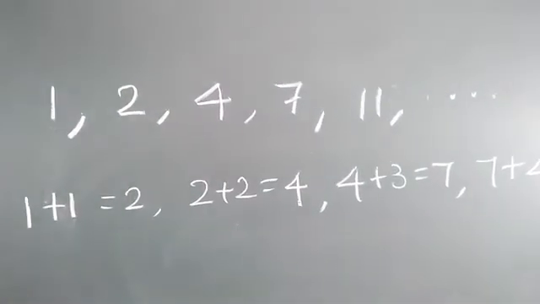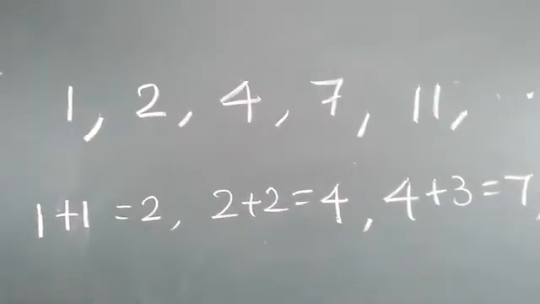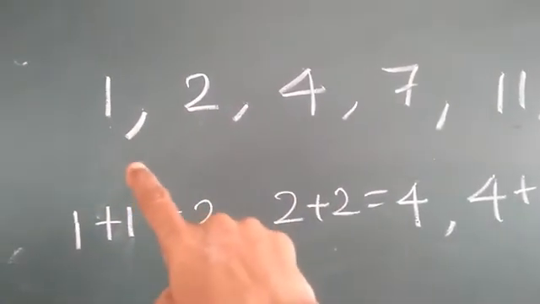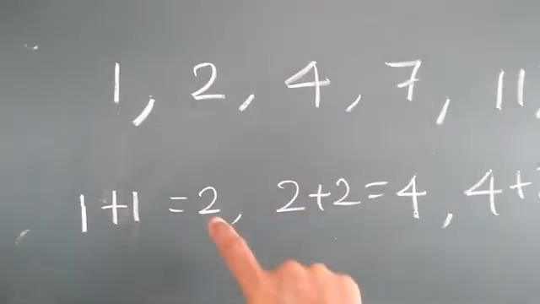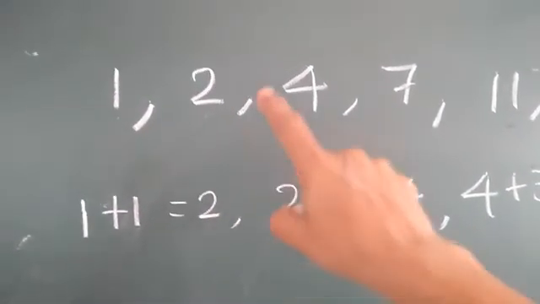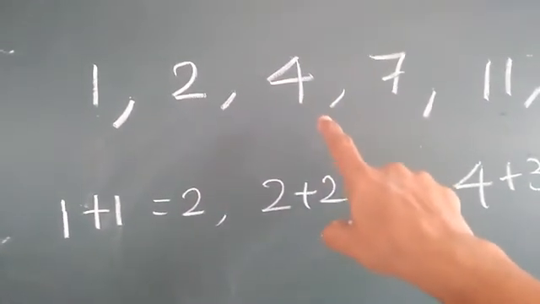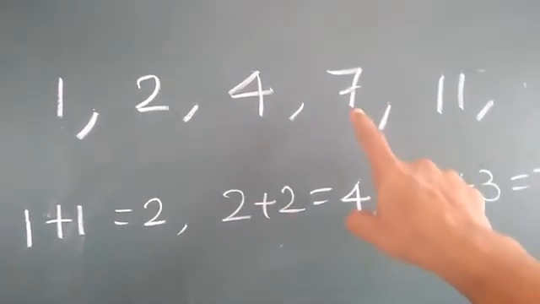How will you get this pattern 1, 2, 4, 7, 11, etc.? It is very clear. To the first number we added 1, then we get 2. Then to the next number 2, we add 2, which gives 4. 3 is added to 4, that means 4 plus 3, 7.